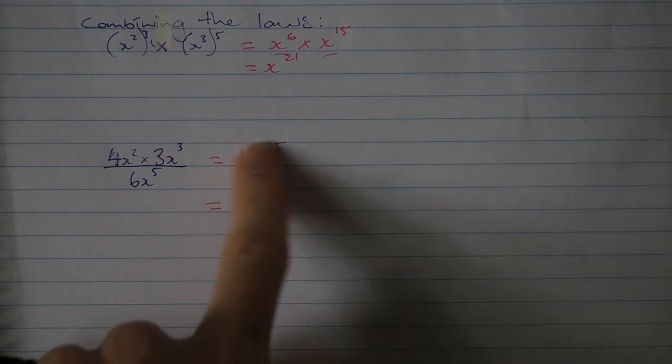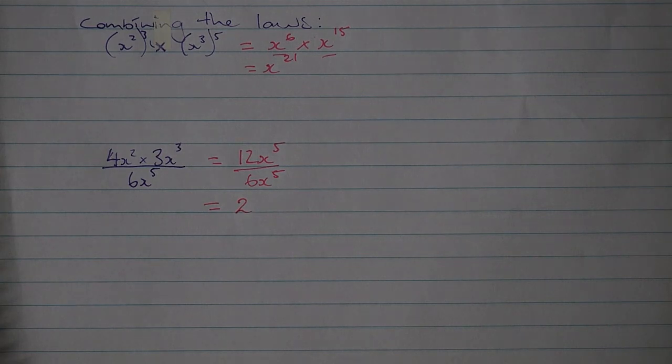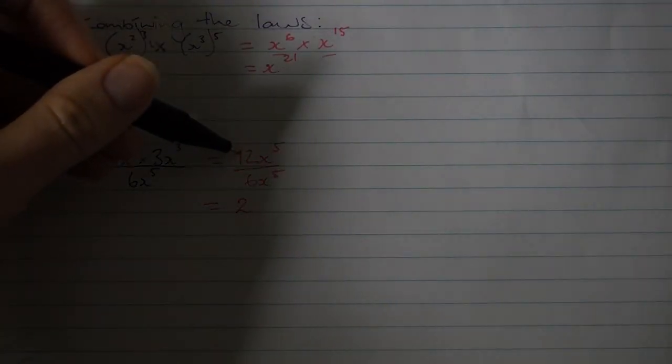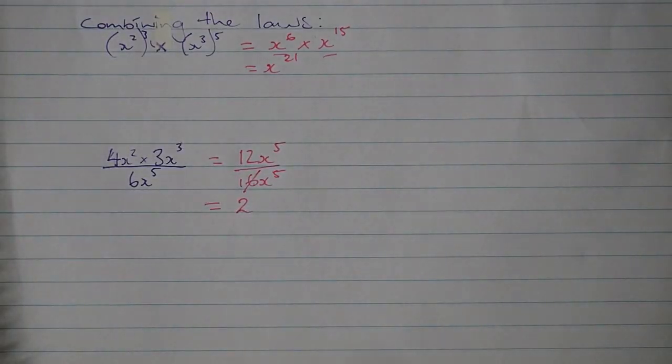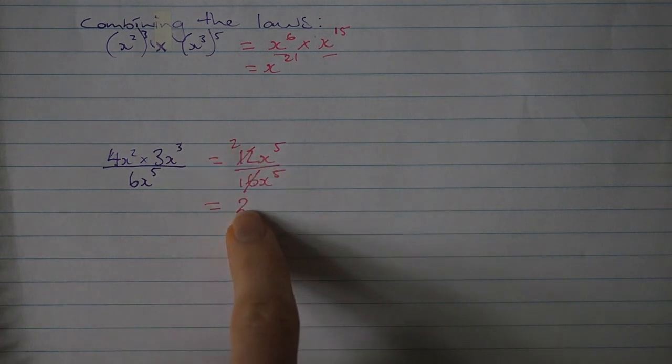Now when you end up with a whole number like that, it's going to be on the top of the fraction, and I'll show you why. If you don't think of it as dividing, but you think of it as simplifying terms in a fraction, our highest common factor of 12 and 6 is actually 6. So we cross out our 6, and there's 1 six in 6. We cross out our 12, there's 2 sixes in 12. So you can see the bottom becomes 1, the top becomes 2.